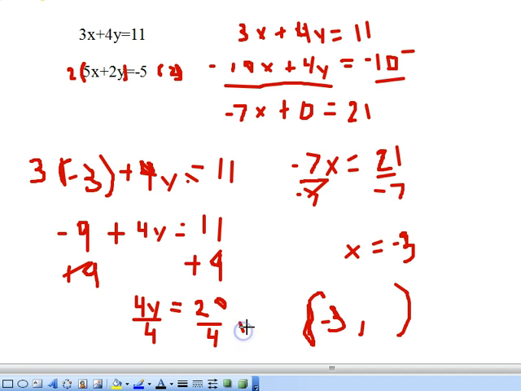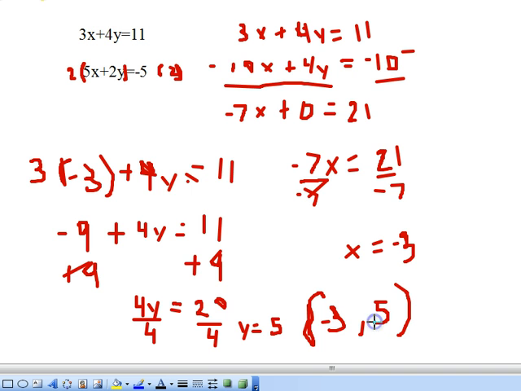So y equals 20 divided by 4 is 5. So y is equal to 5. So that is the other part of our solution for the system of equations.